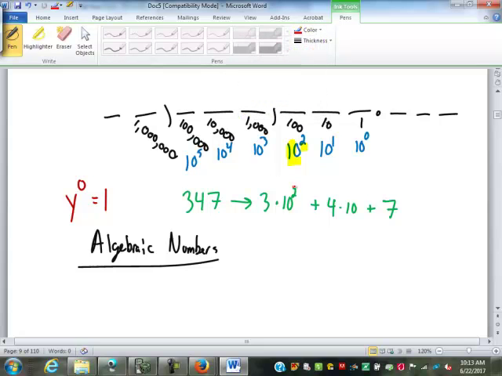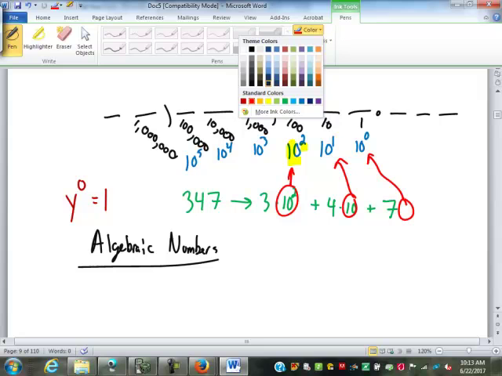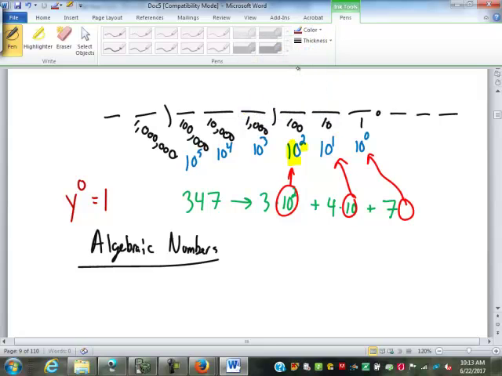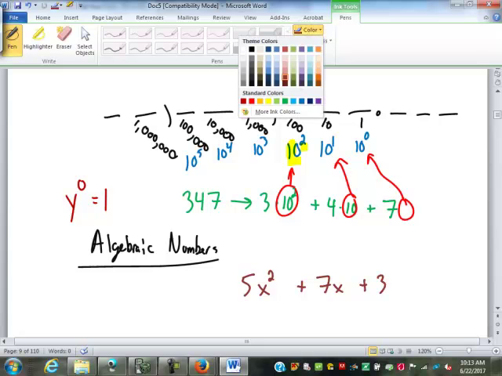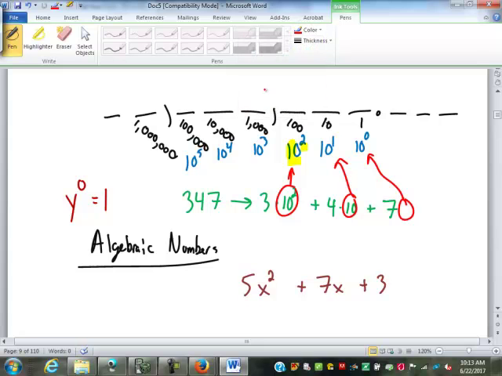Notice what I put here are my place values. The ones don't really get written in. If I compare that to an algebraic number, you see it's the same. Instead of 3 times 10 to the second, it's x to the second power.